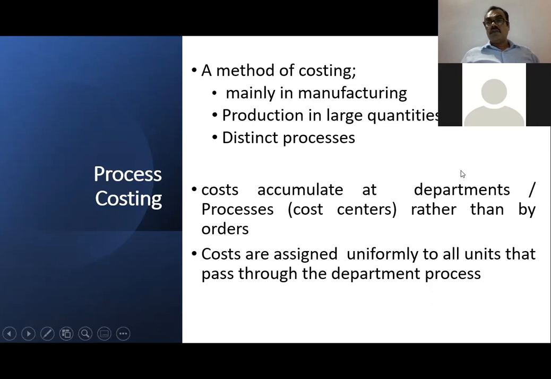As I just told you, a large number of units are produced at the same time. Therefore, we do not discriminate each end product. So homogeneous products are there. When homogeneous products are there, it is easy for us to uniformly or evenly ascertain the cost.